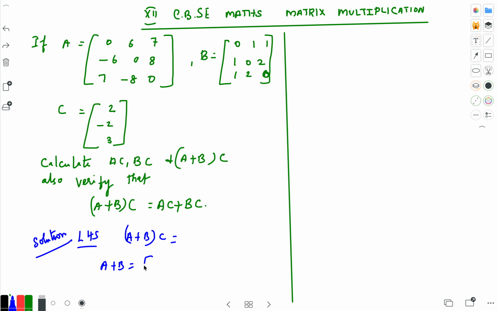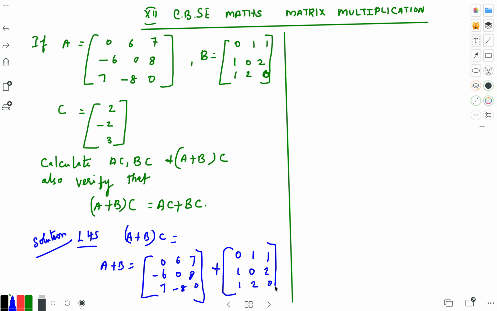A plus B is: A is 0, 6, 7, minus 6, 0, 8, 7, minus 8, 0, plus B matrix is 0, 1, 1, 1, 0, 2, 1, 2, 0. To add two matrices, first we can add corresponding elements.